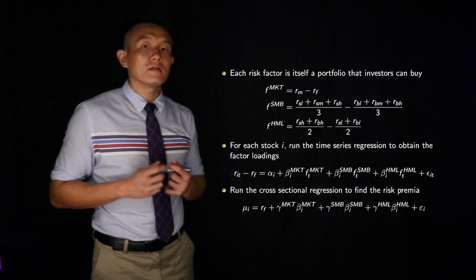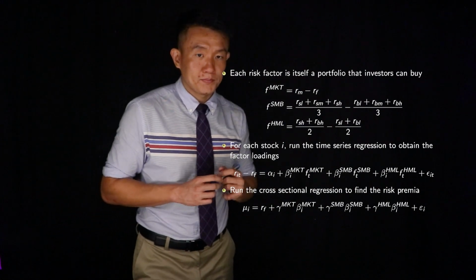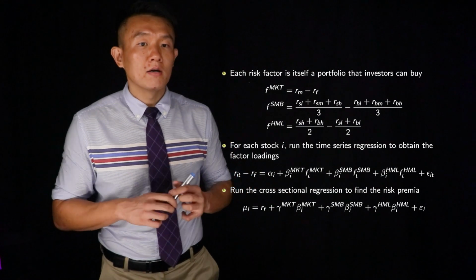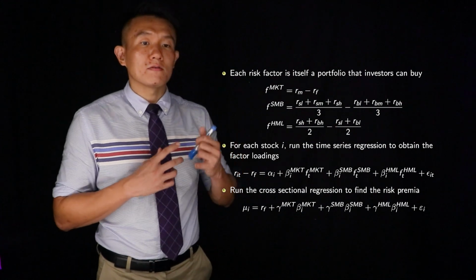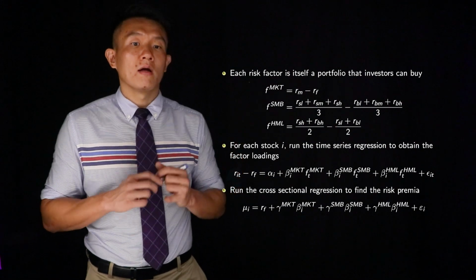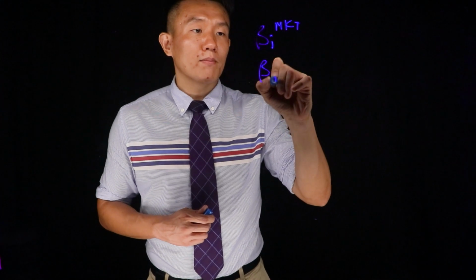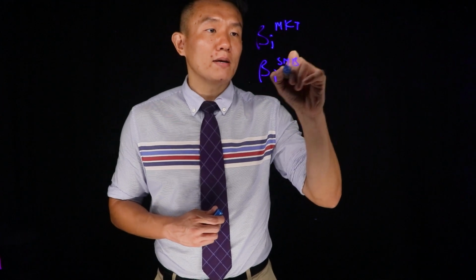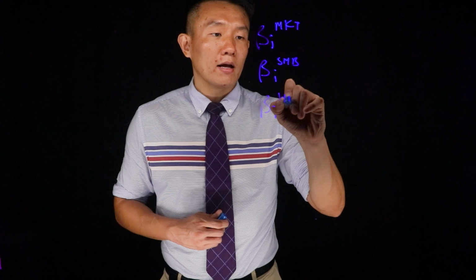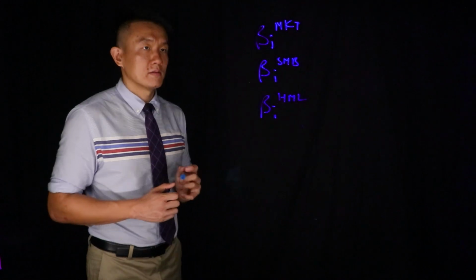And so you're going to run this procedure in 2 stages. First, you're going to get these factor returns, and you're going to get the returns to each stock, and you're going to get 3 betas for each stock. You're going to get the market beta, the SMB beta, and the HML beta.